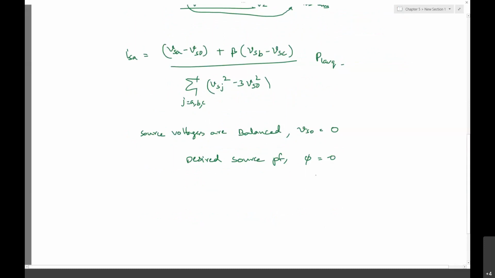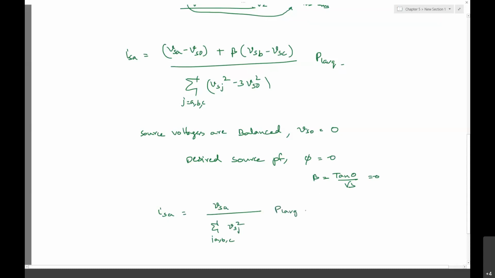In that case, beta is equal to tan of 0 by root 3, which is 0. Then ISA becomes VSA divided by the summation over J of A, B, C of VSJ square, into PL average.